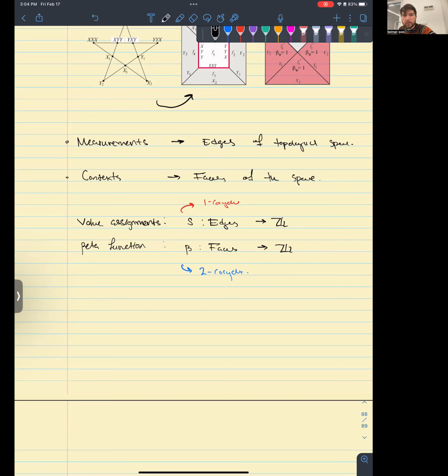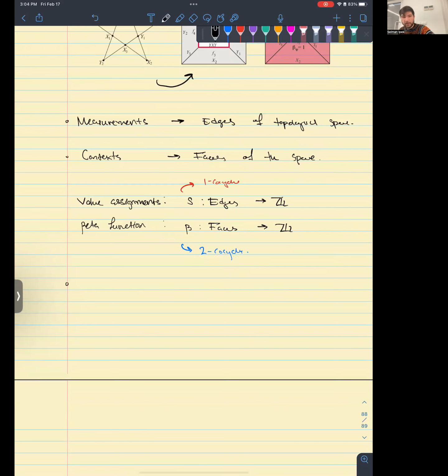And then there's also the following observation, before I state some basic results that you can get, some juice that you can squeeze from this formalism. Say you have some edge that corresponds to some observable up to some sign, where T denotes an element of one of our observables.